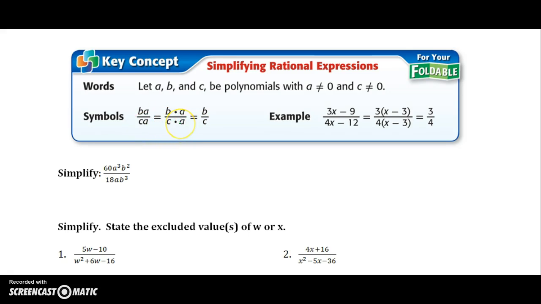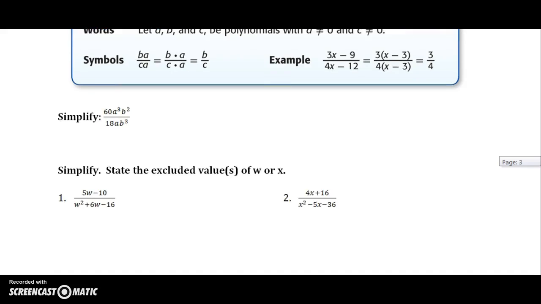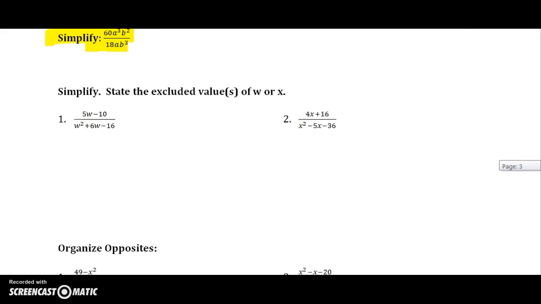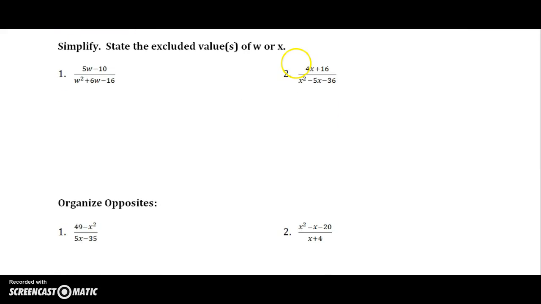So don't forget your excluded values as we work through these. But we're going to have polynomials instead of monomials. So I'm going to let you practice this one, since it's just like the other review problem I did, and I'm going to get into the newer material. So simplify and state the excluded value.